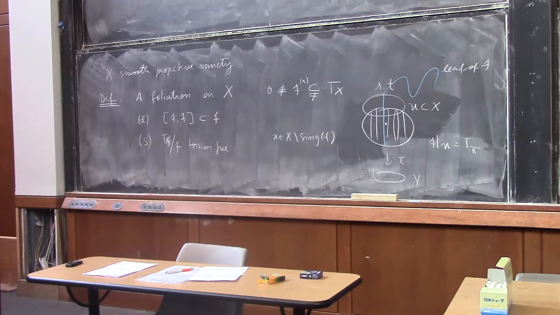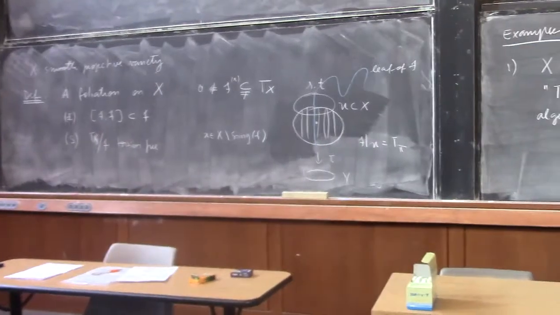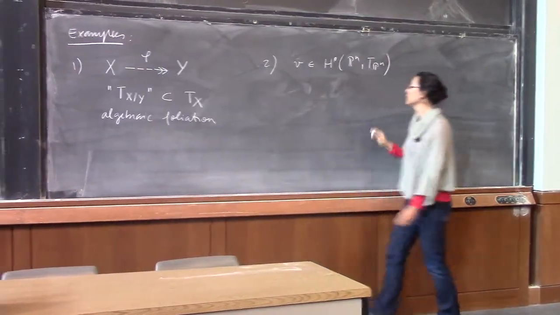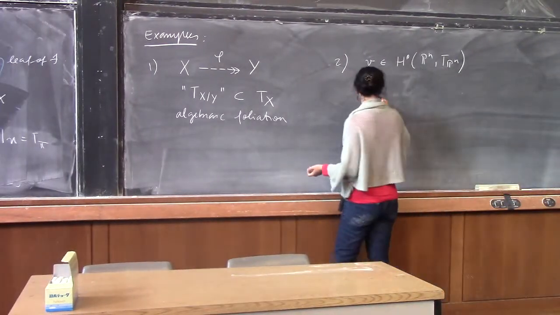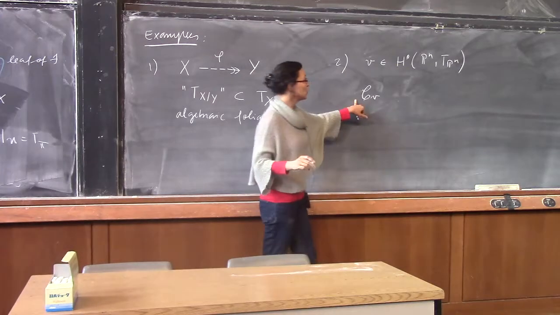Now, of course, not every foliation is algebraic. The easiest example of a non-algebraic foliation is if you take, in P^n, a global vector field. There are plenty of vector fields, and once you have a vector field, you get a foliation by curves induced by this vector field.